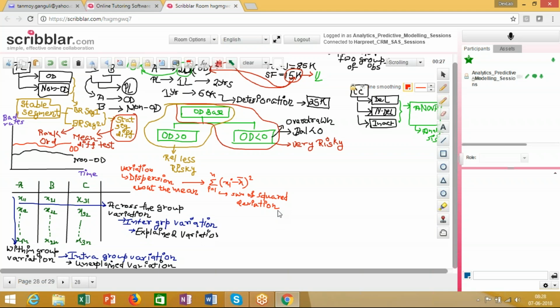This is known as the sum of squared deviations, or we can call this explained variation the explained sum of squares.